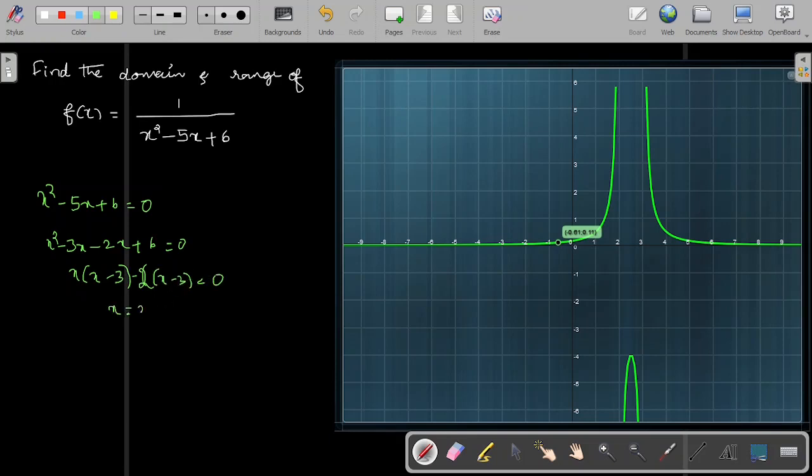So x = 3, 2. At these two points, the denominator becomes 0, hence the function is not defined. Therefore, the domain of this function is all real numbers except 2 and 3.